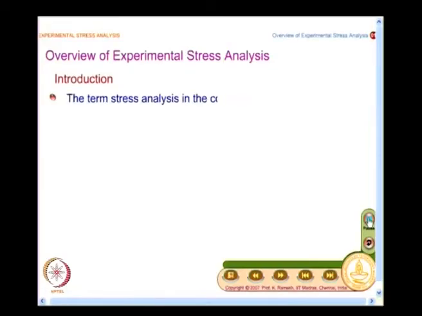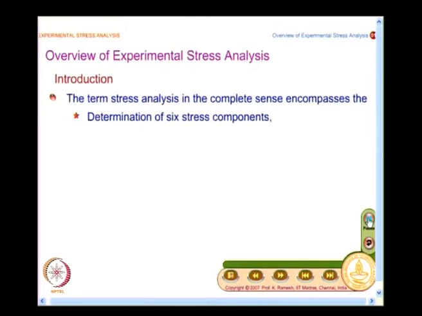But before we proceed further, we need to know what stress analysis is all about. The term stress analysis, in the complete sense, encompasses the determination of 6 stress components. Why do I say that you have 6 stress components?